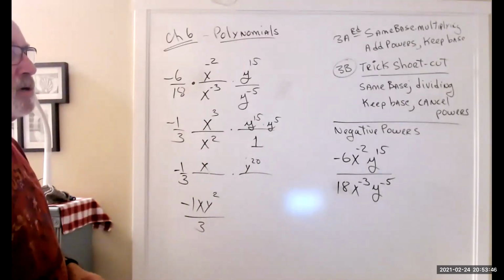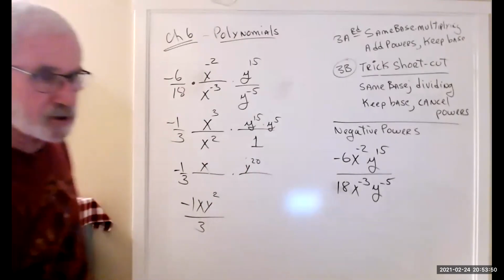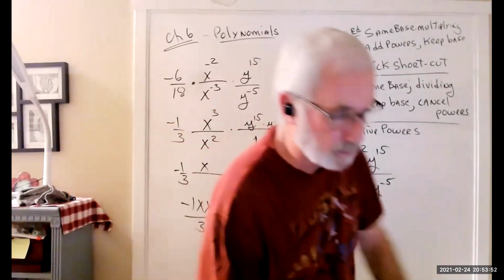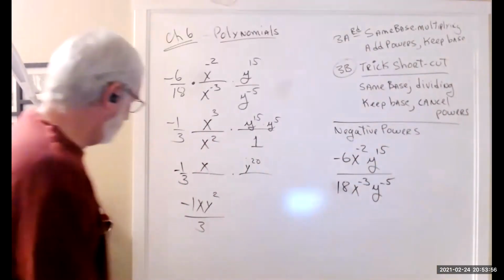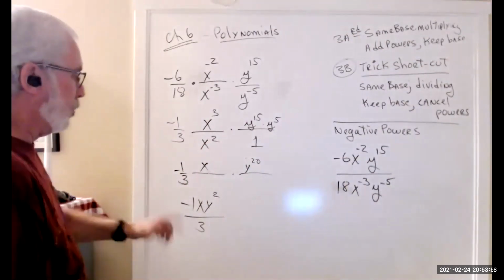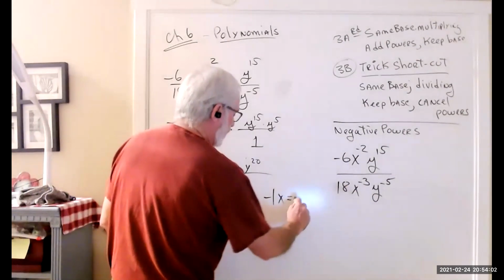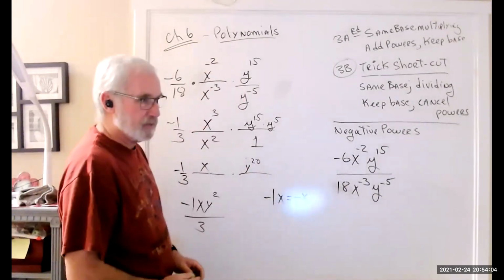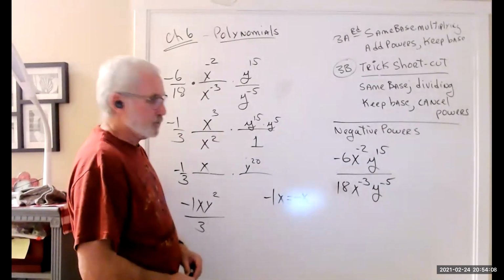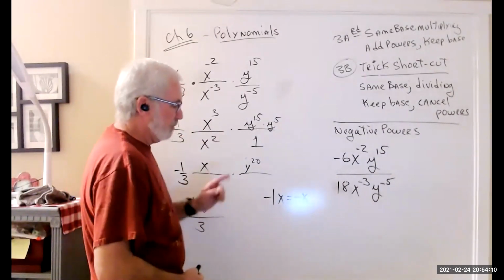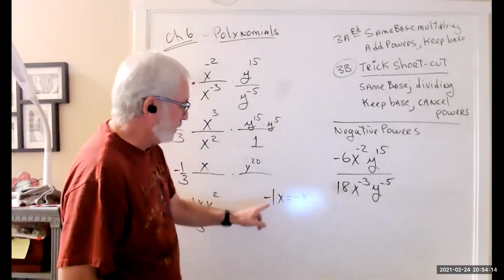Okay, quiz tomorrow night. Yeah, go ahead, ask. Wouldn't you need the -1 up there just because it's negative? Remember, in math, -1x and -x are the same thing. Because we're lazy, we accept that.